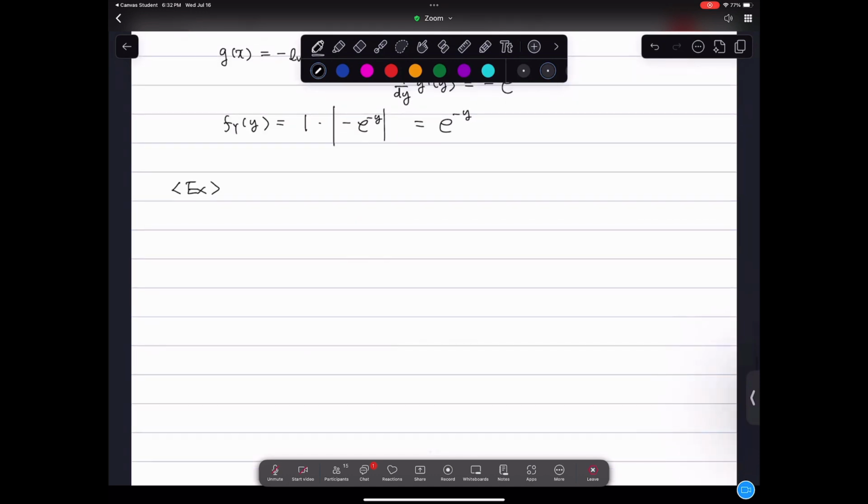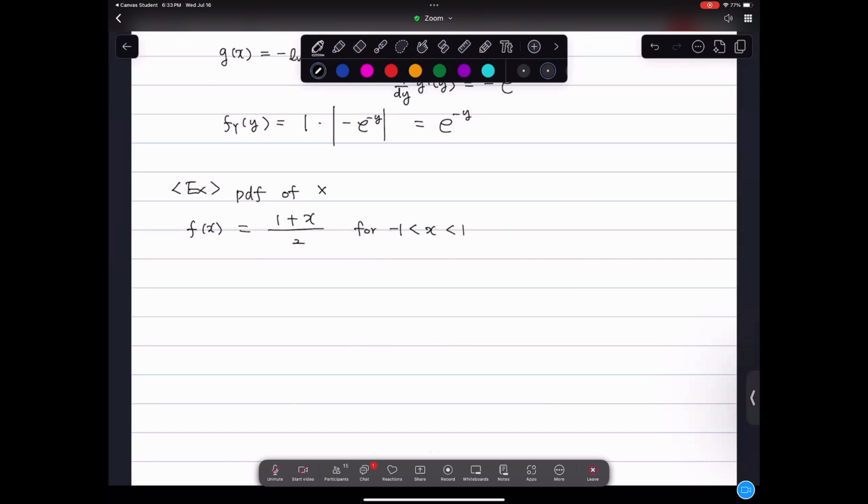Let's say I have a PDF of x, given below. The PDF of x is f of x equals 1 plus x over 2 for x values from -1 to +1.